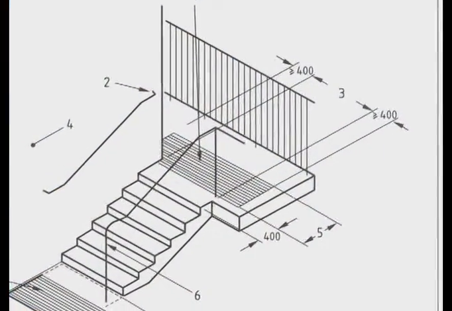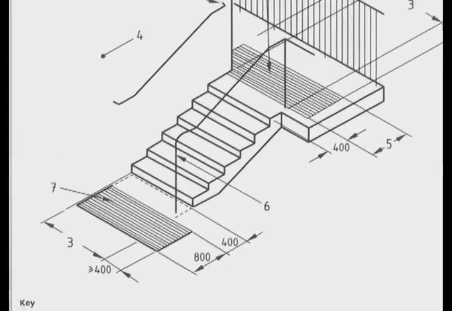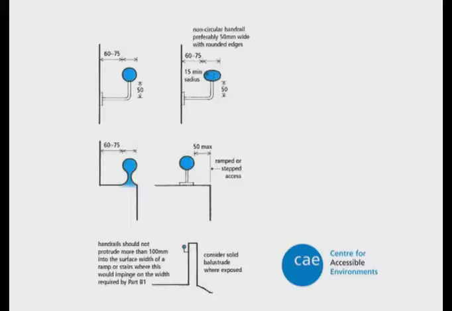The corduroy is used at the top and the bottom of staircases to identify that as a hazard. It's worthwhile stressing that corduroy paving is not recommended for internal stairs, which it previously was, but now it's only recommended for external stairs.